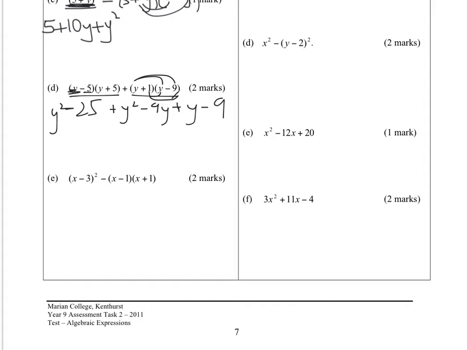So collect like terms. We've got y squared plus y squared, which is 2y squared. We have minus 9y plus y, so minus 9 plus 1 is minus 8y, and we have minus 25 minus 9, which is minus 34.